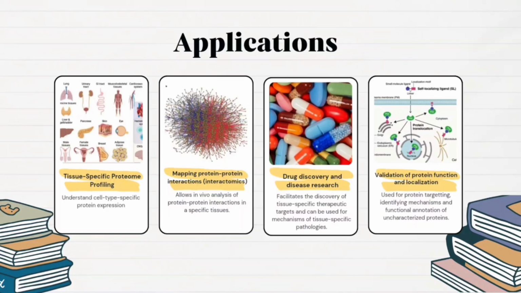The third application is drug discovery and disease research. It can be used to facilitate the discovery of tissue-specific therapeutic targets and help uncover mechanisms of tissue-specific pathologies. The last application is validation of protein function and localization. It is used for protein targeting, identifying mechanisms, and functional annotation of uncharacterized proteins.